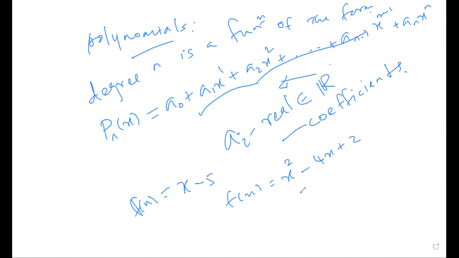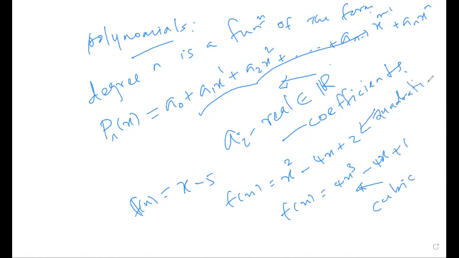And another, f(x) equals 4x cubed minus 4x plus 1. Some terms may be 0; the x squared term is 0 here. So this is a cubic equation, and the other we call a quadratic equation. These kinds of things we call polynomials.